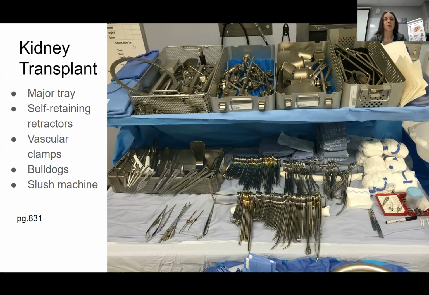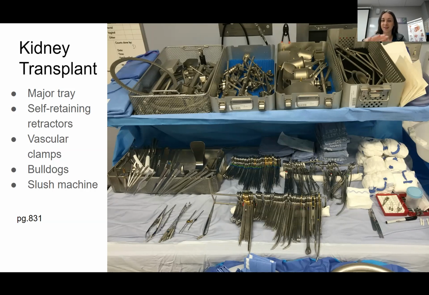Okay. So you'll see they need a major tray, self-retaining retractors, vascular clamps, bulldogs are your little vascular clamps. You can actually see your bulldogs on page 836. They are clamped onto those vessels. And then of course the slush machine that I've been talking about. So this has a sterile drape and actually moves the slush up and down so it doesn't come into hard pieces of ice, sharp, jagged edges.